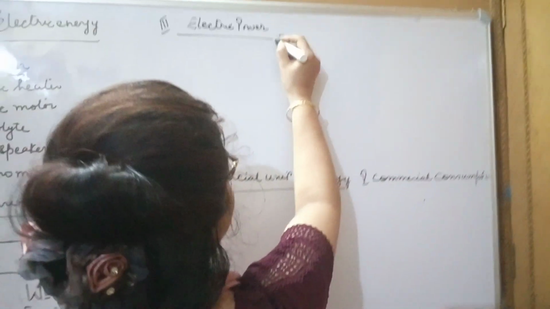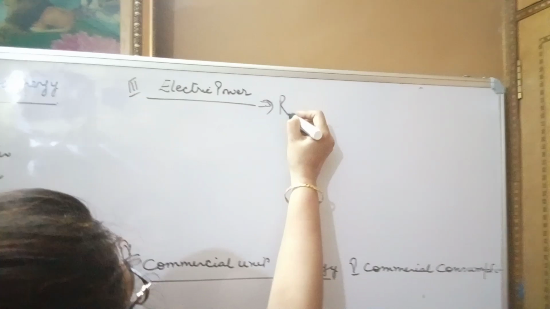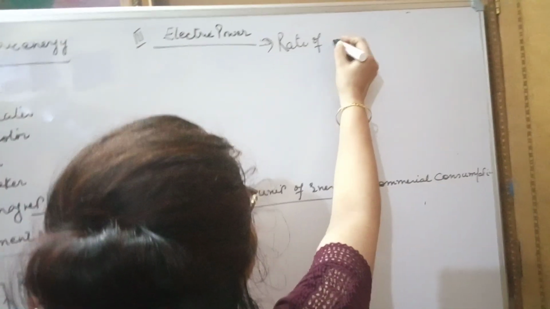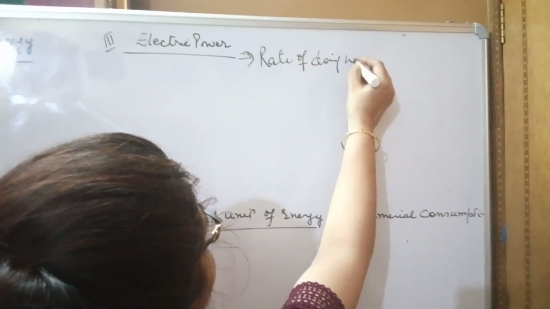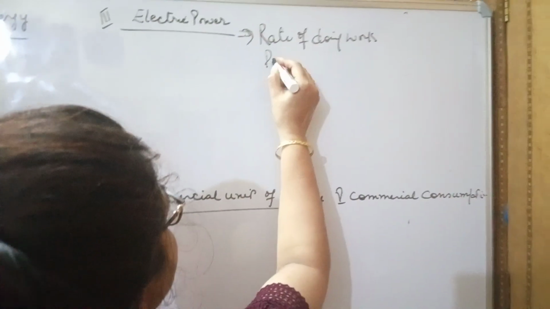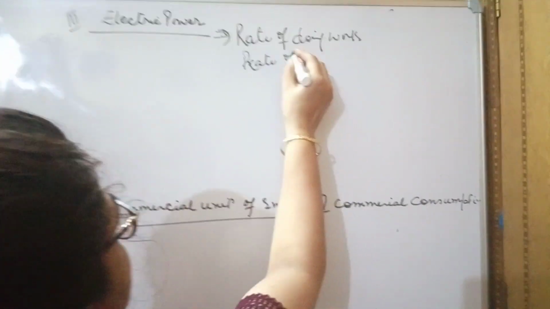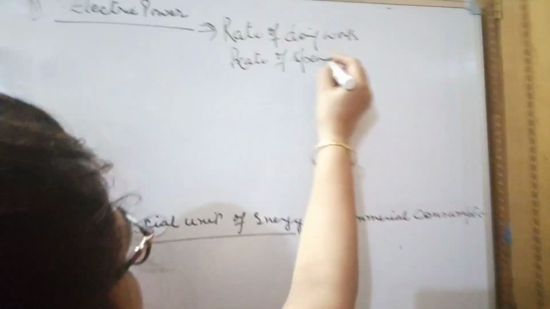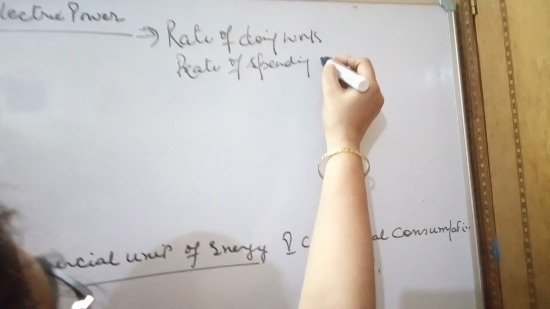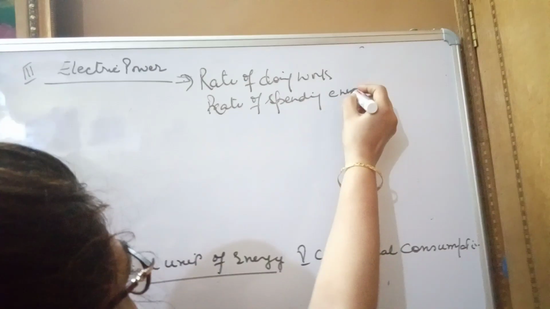Next is electrical power. You have already done power in the second part: rate of doing work. So rate of doing work is called power. In the same way, rate of spending energy, because work and energy are the same thing. As you remember, what is energy? Capacity to do work.